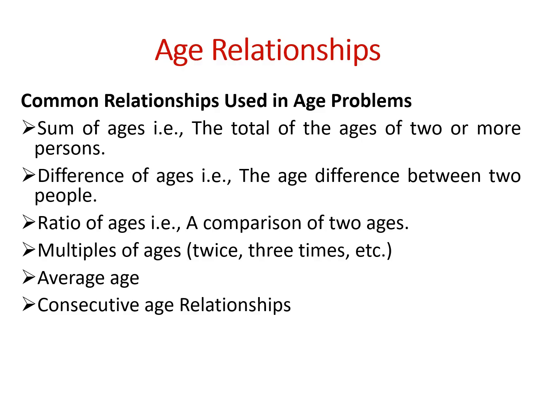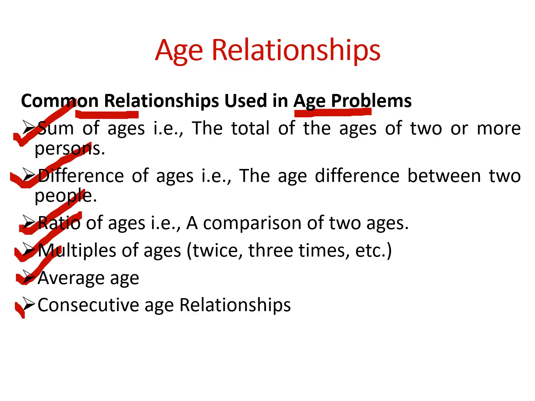Now, let us look at some common relationships that are used in age problems. These relationships help us connect the ages of two or more people and find the unknown ages. Those are sum of ages, difference of ages, ratio of ages, multiples of ages, average age, and consecutive age relationships.